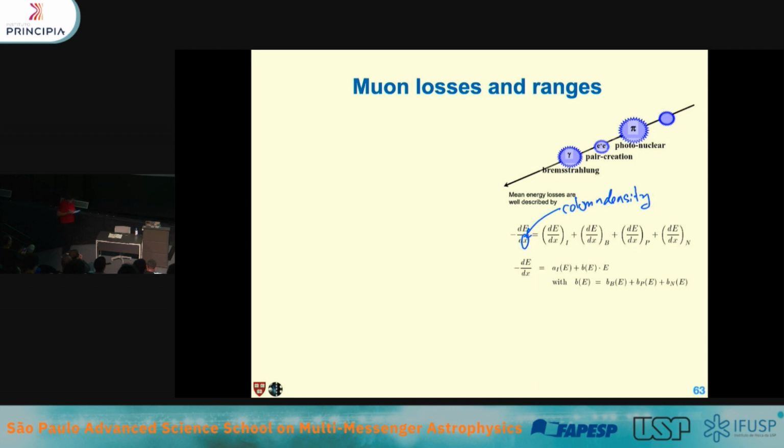What's important is that all of these energy losses, pair production, Bremsstrahlung, and photonuclear effects, are going to be to first order linear in the energy of the muon. That means I can rewrite this as some coefficient that is only logarithmically dependent on the energy of the muon, and then something that depends linearly on the energy of the muon.